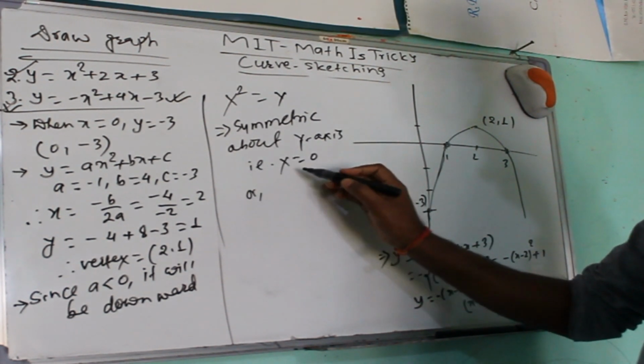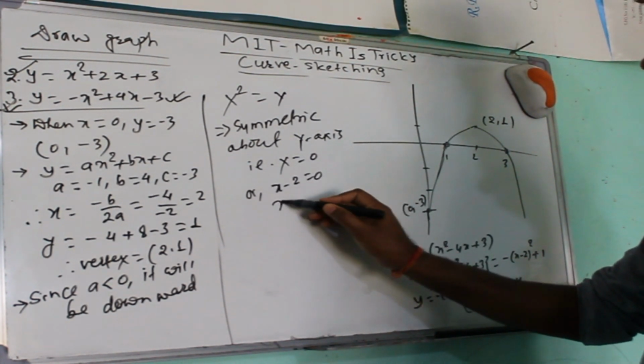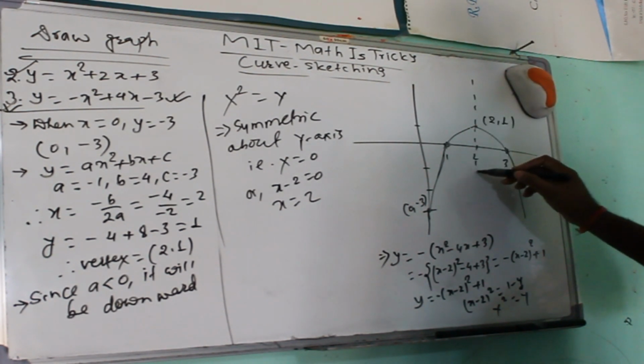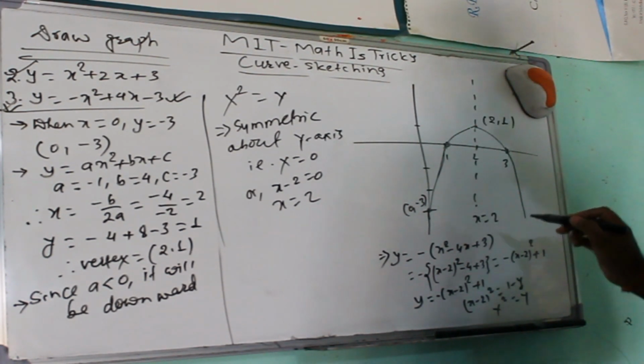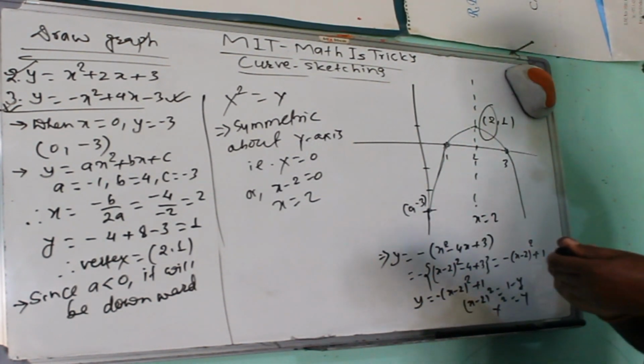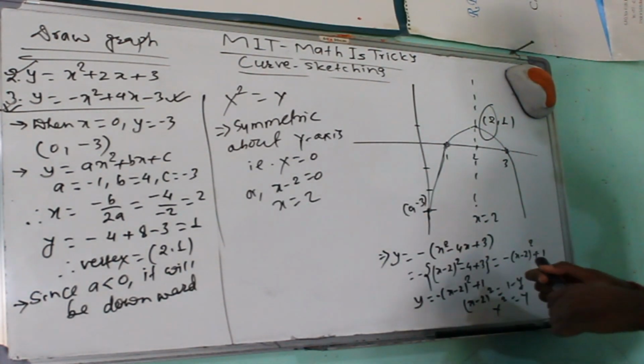Here, what is our x? x minus 2 equals 0, that is the line of symmetry is x equals 2. About this line, the curve will be symmetric. x equals 2 is the line of symmetry. Also you note down that always the x component of the vertex will be the line of symmetry. On this basis we have here the graph.